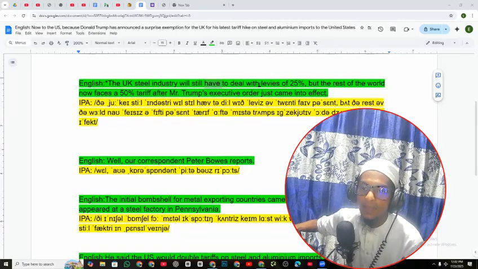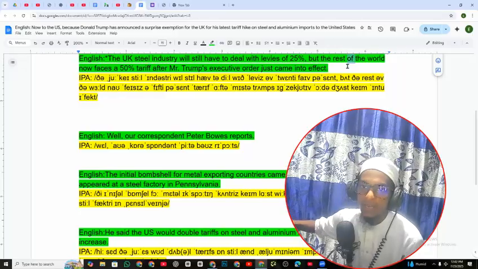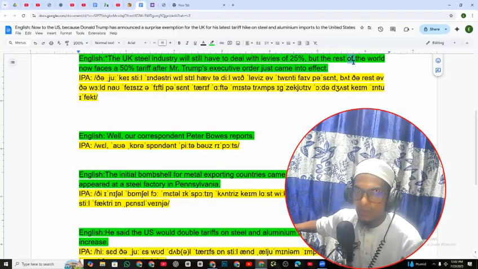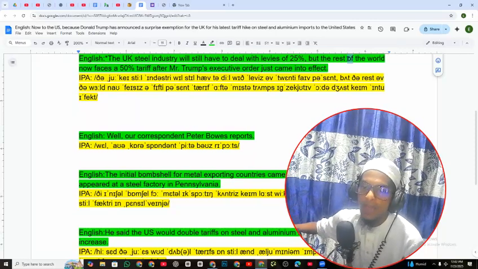Here is a sound, the with, deal with levies of 25%, but the rest of the world. Of. Here is the f sound, but the pronunciation will be a va. Have, as in of.